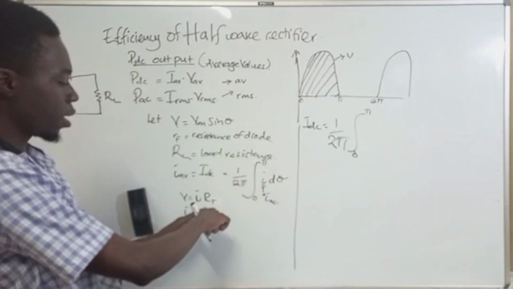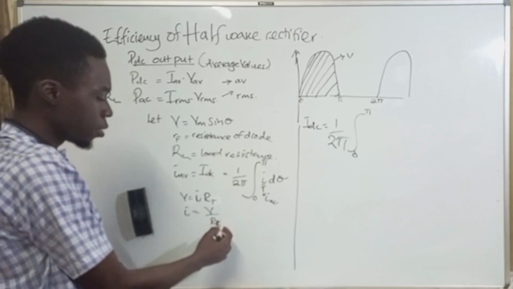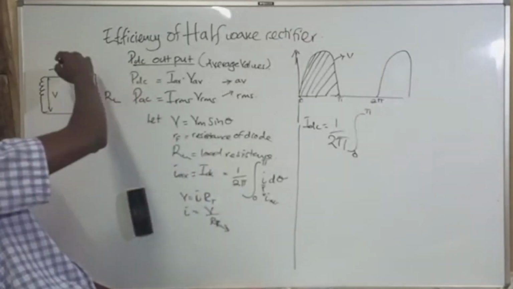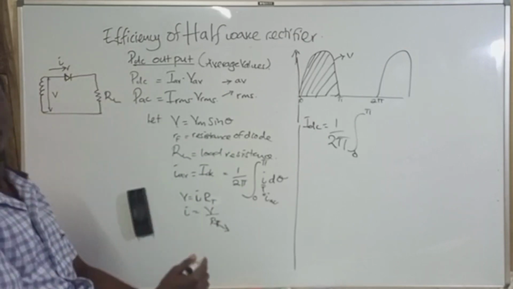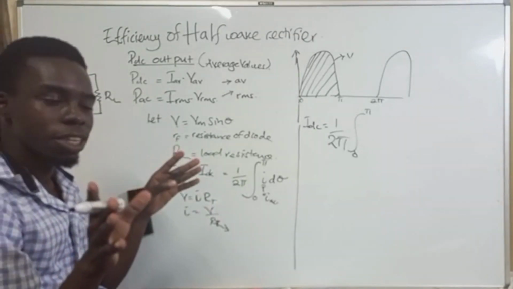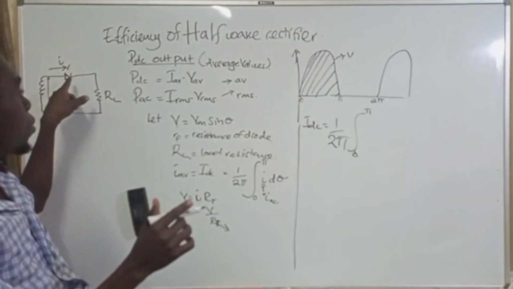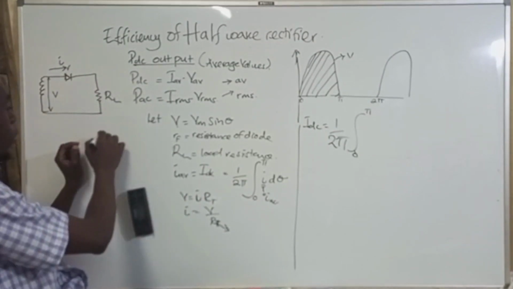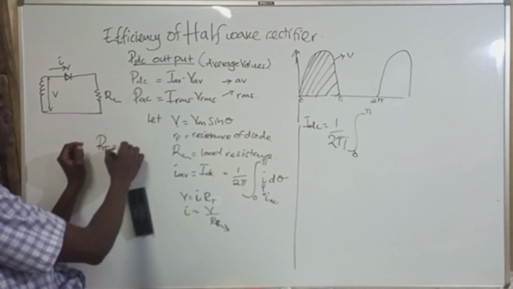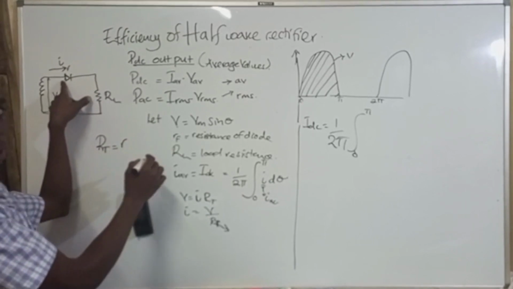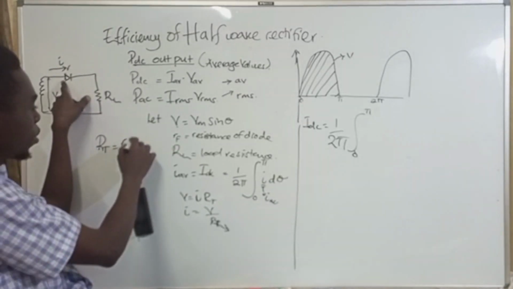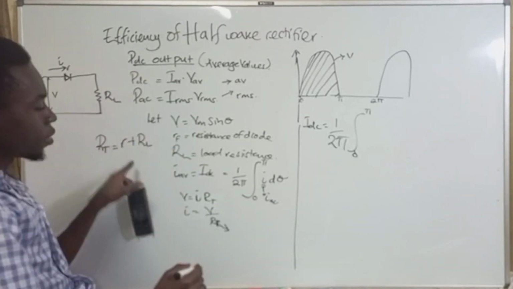What is my i? It is V over R total. But remember, this R total is the total resistance in this circuit. And since they are all connected in series, you realize that R total is going to be simply equal to R forward, which is the forward resistance of this diode, plus the load resistance RL.